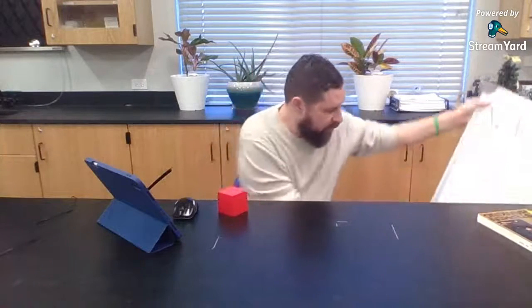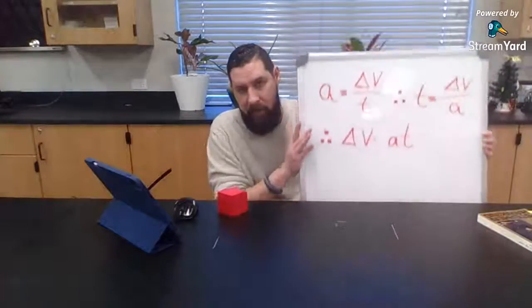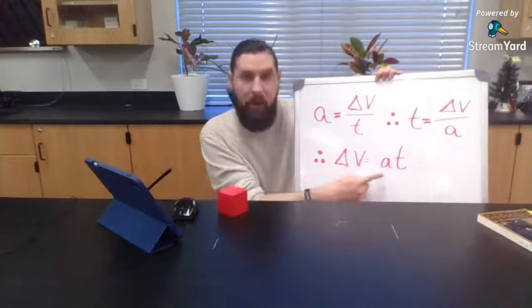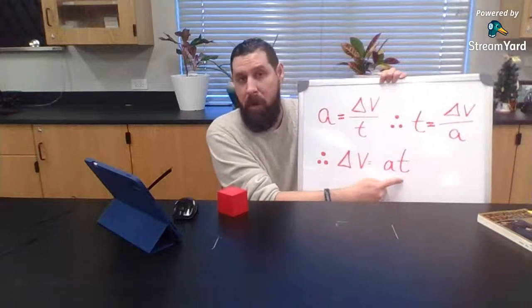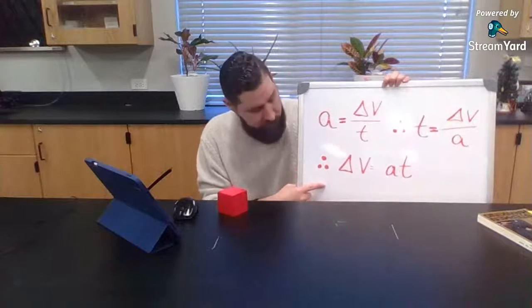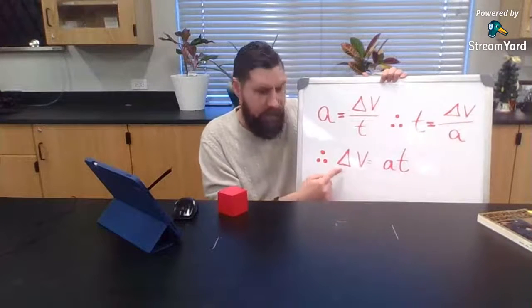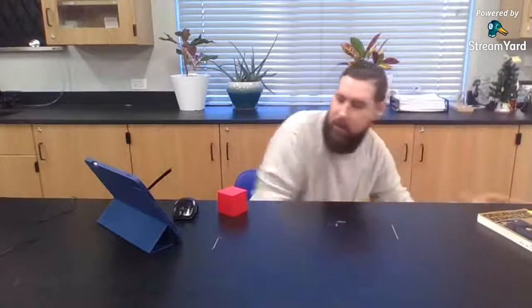And again, if we look at that equation derived to a third one, we see that a change in velocity is always going to equal acceleration times time. So if it doesn't travel for as long of a period of time, then I don't get as large of a change in velocity. If it travels for a longer period of time, I get a larger change in velocity. So we can solve those out logically before we ever turn to the equations.